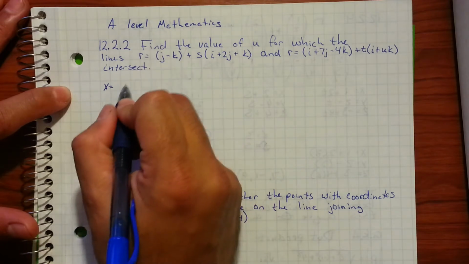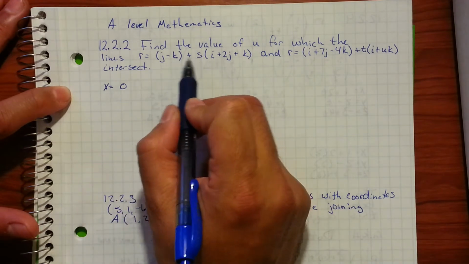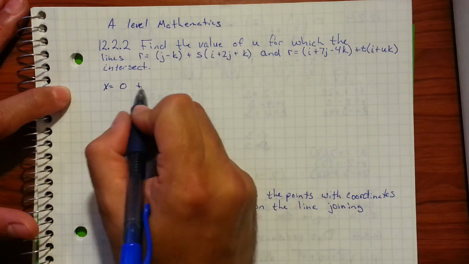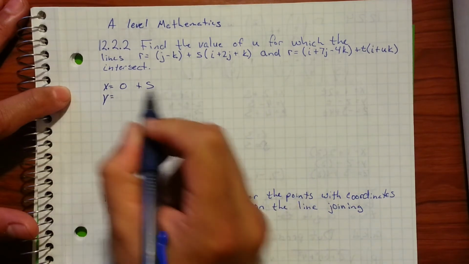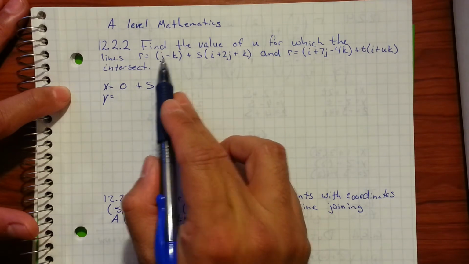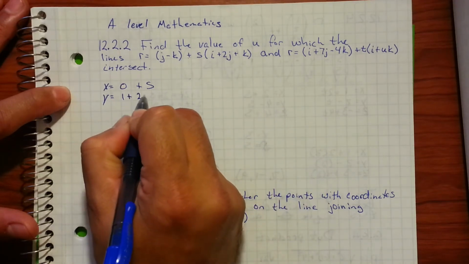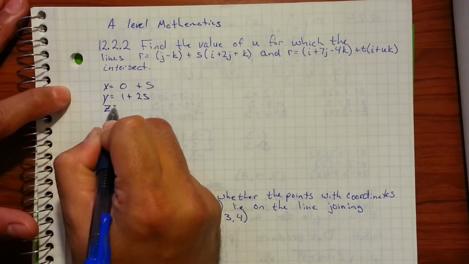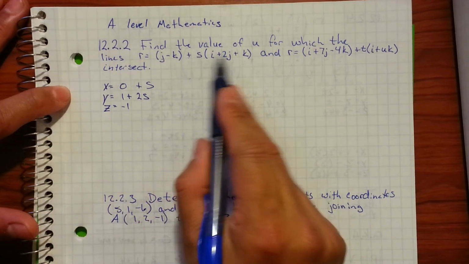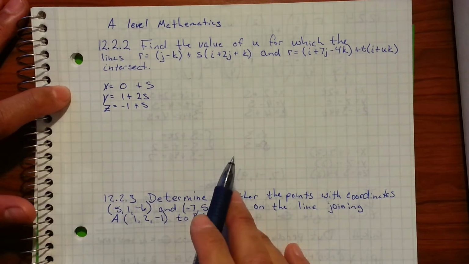My i is going to be 0, so I have 0 plus s. y is my j value, so it's going to give me 1 plus 2s. z is equal to -1, and right here that's going to be plus s. So there's that one there.